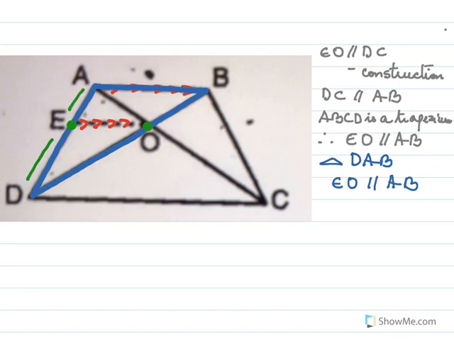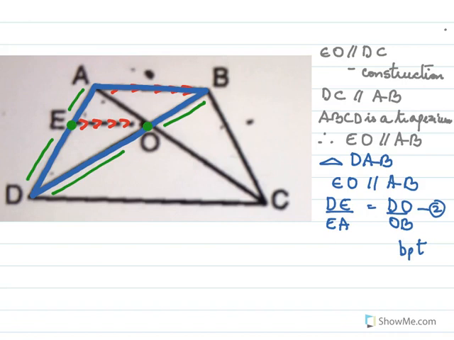In other words, DE over EA equal to DO over OB. This is equation 2 by BPT.